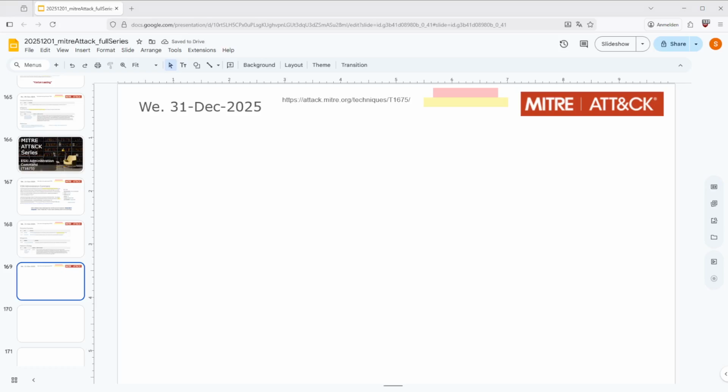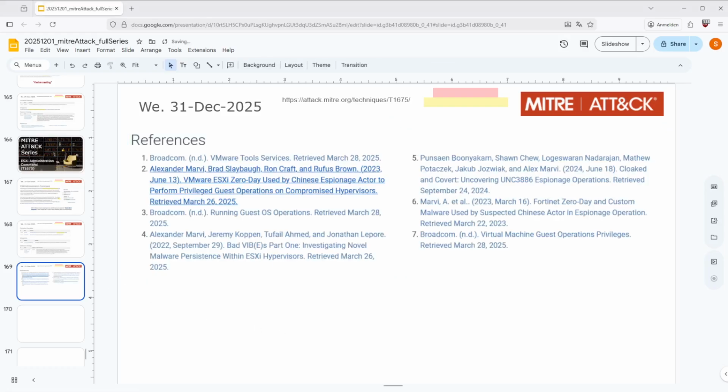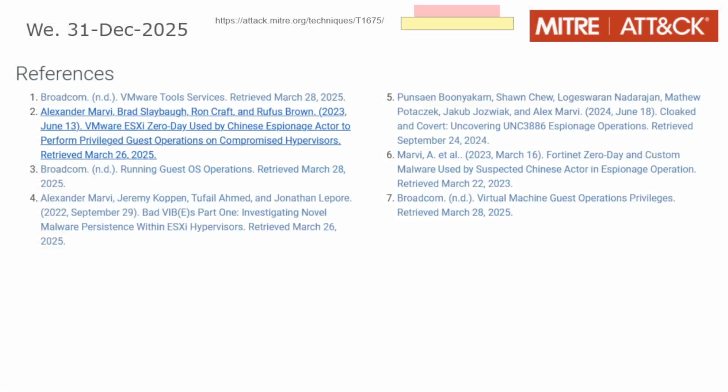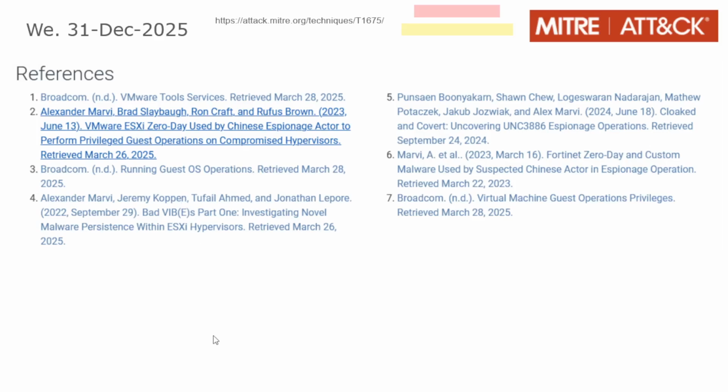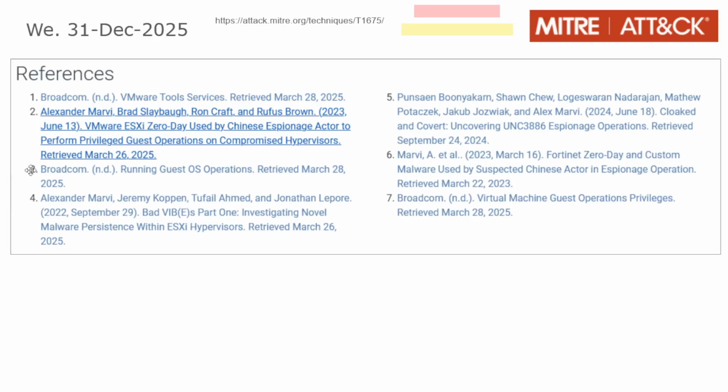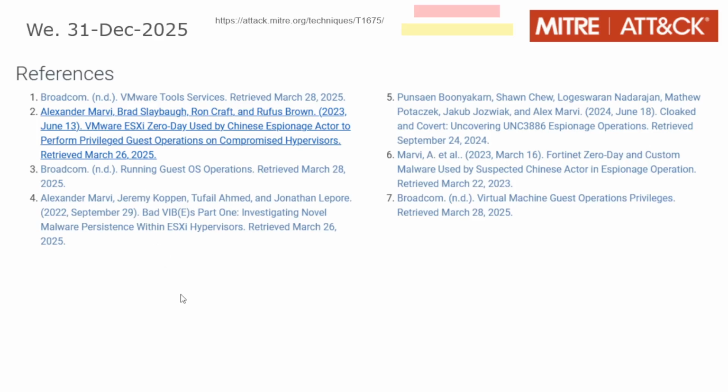And last but not least, let's take a look at the references here. So again, by accident I marked this one, don't worry about this. So let's see, we have Broadcom, VMware services, they just describe it. Then we have these people from VMware ESXi 0 day. Yes, 0 days exist. Again, Broadcom running guest OS operations.